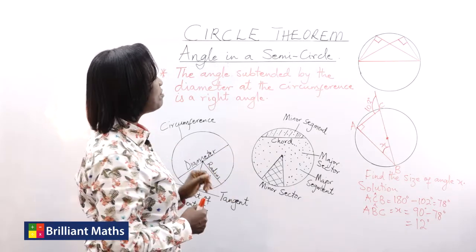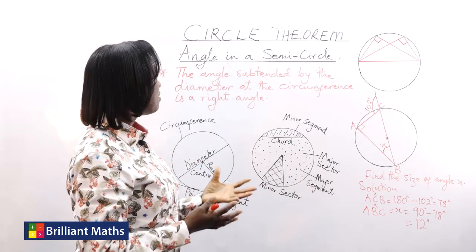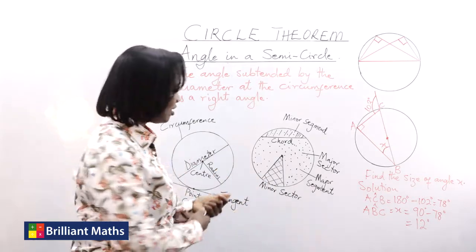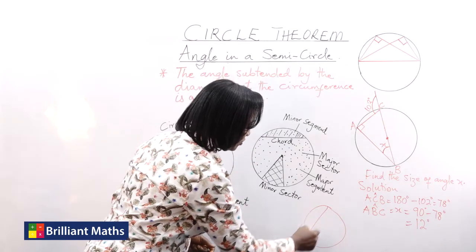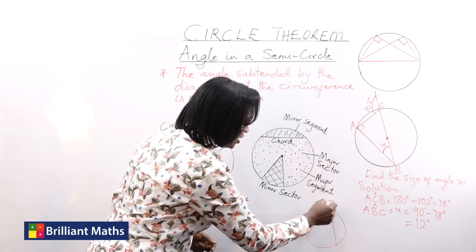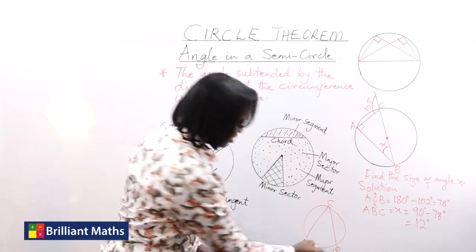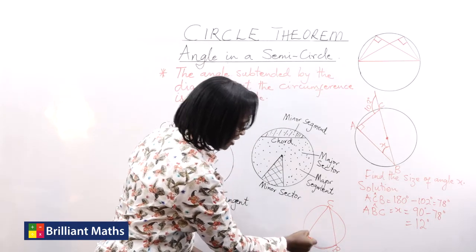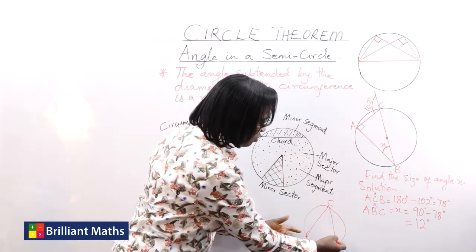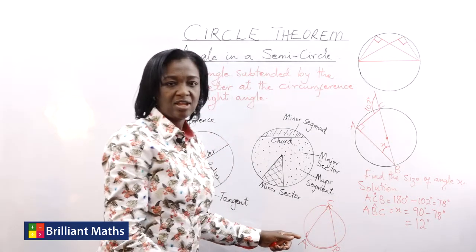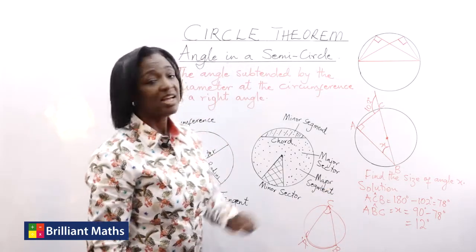So first, what do we mean by subtend? What does it mean for an angle to be subtended by the diameter or by an arc? For example, we have a circle and we have an angle at C, and we have arc AB. Arc AB subtends the angle at C. It means that the arc AB is what forms the angle at C. C is at the circumference.